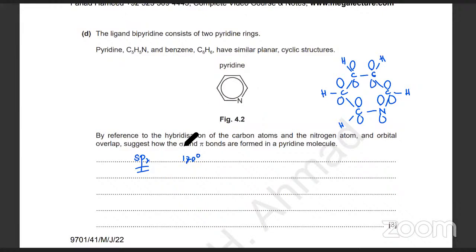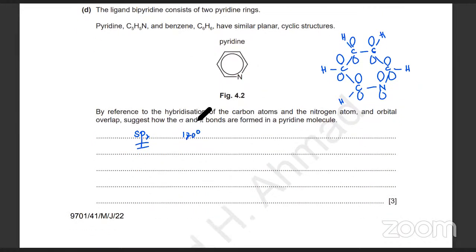So how are the sigma bonds formed? You're going to state that the sigma bonds are formed by the sp2 hybrid orbitals. The carbon atom has 3 sp2 hybrid orbitals, where the fourth electron is in a p orbital.